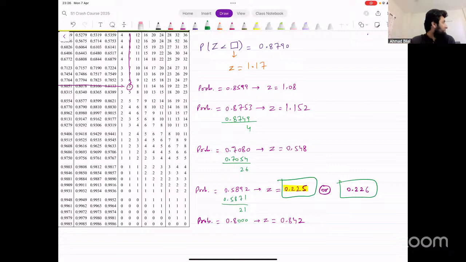Both of them are acceptable. However, in the marking schemes, they generally use the smaller one. Okay, so I would recommend that you use that. That will be safer. Okay.